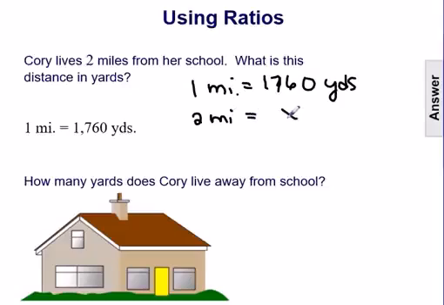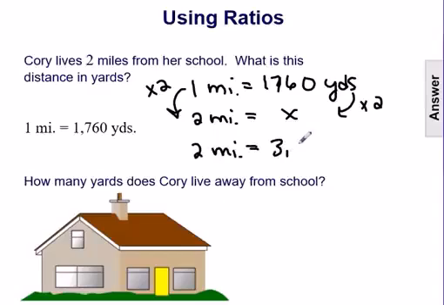We want to know that unknown, how many yards that's going to be. Well, from 1 mile to 2 miles, we're multiplying by 2. So we need to multiply 1,760 by 2 to find how many yards that would be. 2 miles is going to be 3,520 yards. So she lives that many yards away from school.